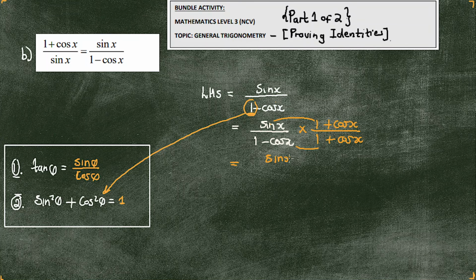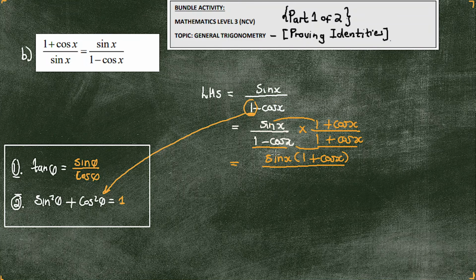I don't actually need this sine to be multiplied into that. I'm just gonna leave it outside the bracket like this. You'll understand why.